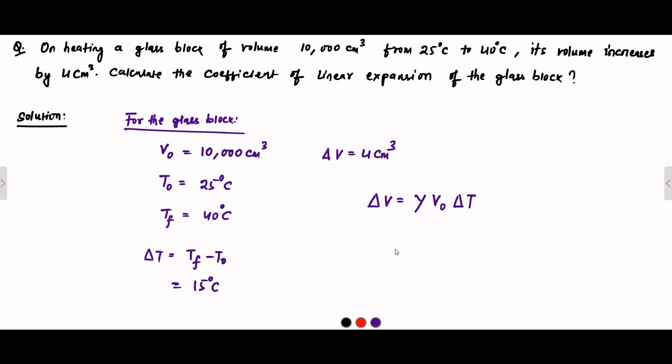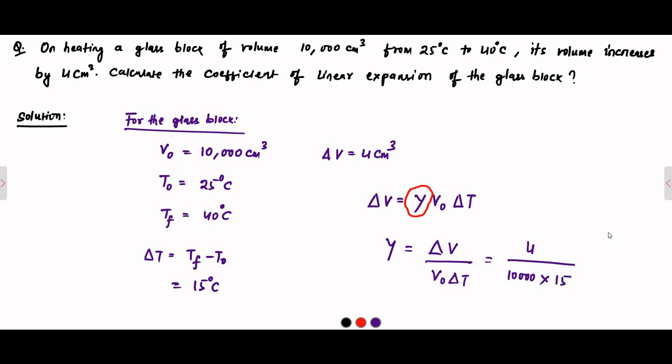Here our objective is to calculate the coefficient of volume expansion gamma. So gamma is equal to delta V by V0 delta T. So it is equal to 4 centimeter cube, the increase in volume, by the initial volume, 10,000 centimeter cube, into the increase in temperature, 15.